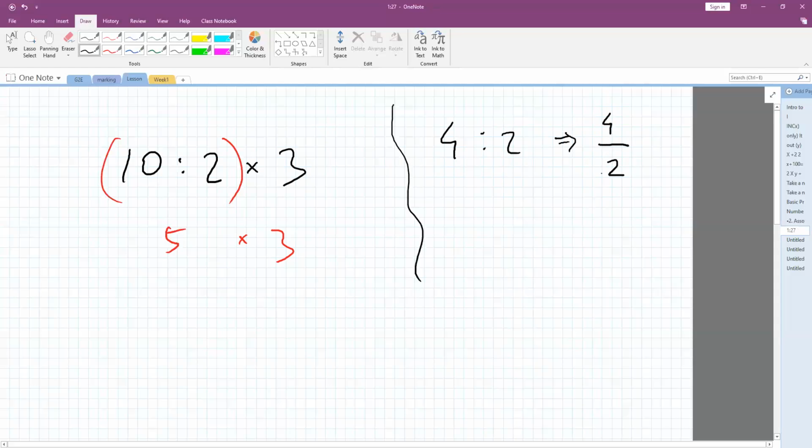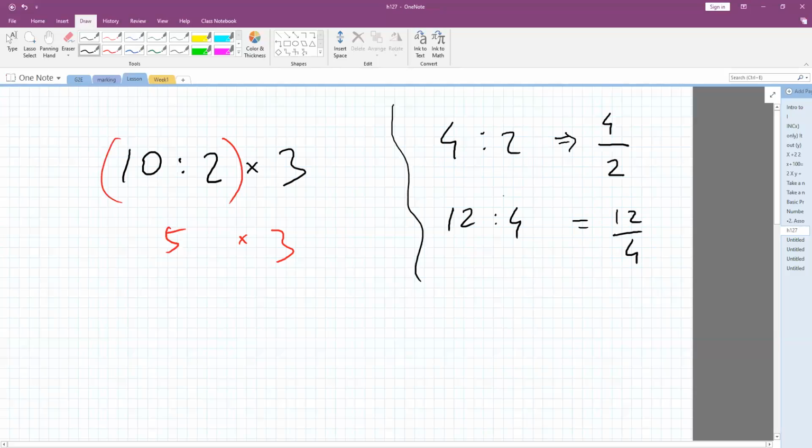Which is an improper fraction. So 4 on 2 is actually the same thing as 4 divided by 2. Yeah, it gives us 2. Right? Now what about 12 divided by 4? It is 12 on 4, which is 3.